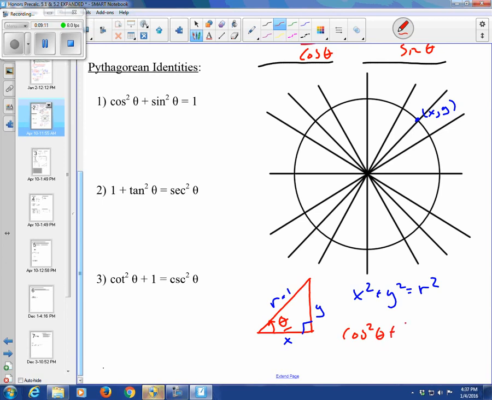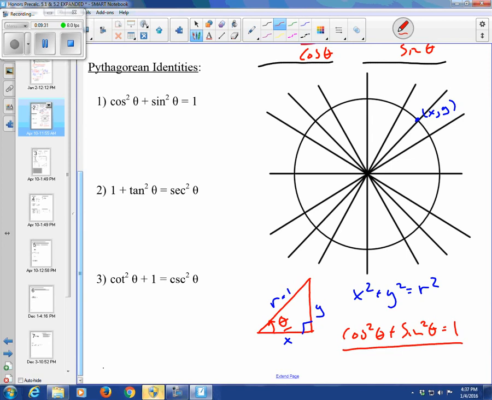So we could substitute in sine of theta and get sine squared theta. Similarly, since this is a reference triangle within our unit circle, r is 1. So right here we've got cosine squared theta plus sine squared theta equals 1, and that's our first Pythagorean identity.